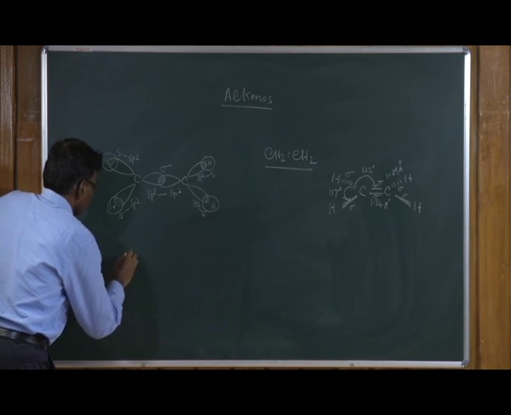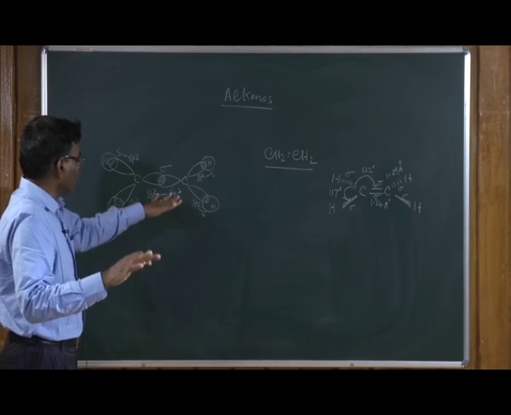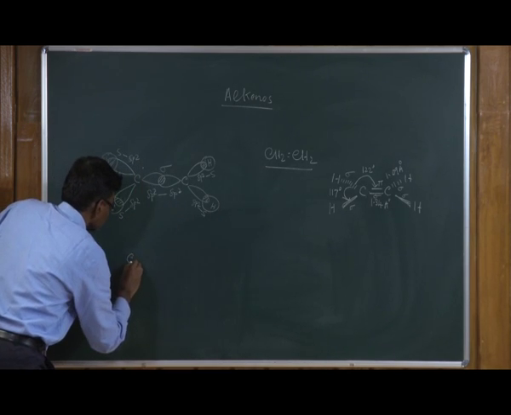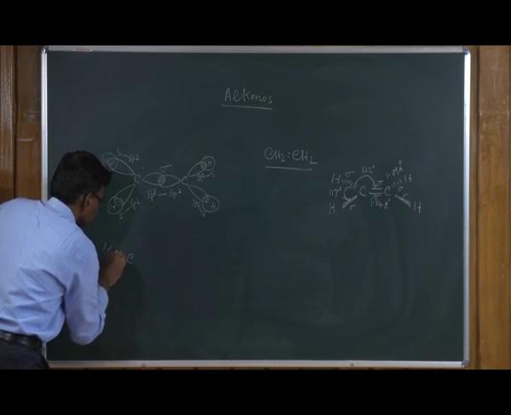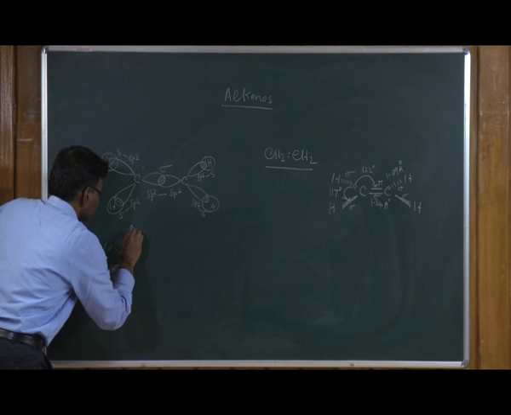So, the pi bond formation takes place like this. On the plane are all the atoms, the carbon and 4 hydrogen atoms, and perpendicular to that you have the pz orbital.